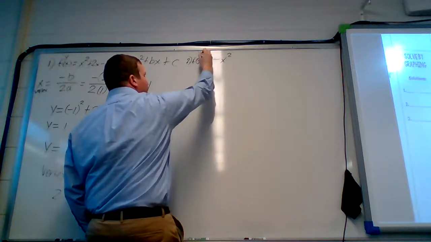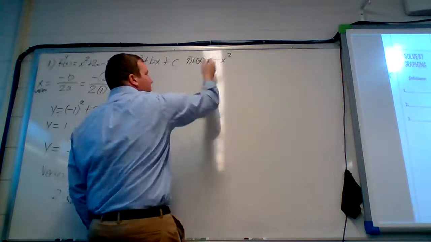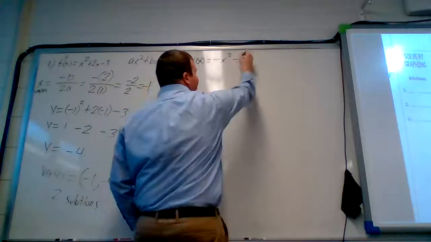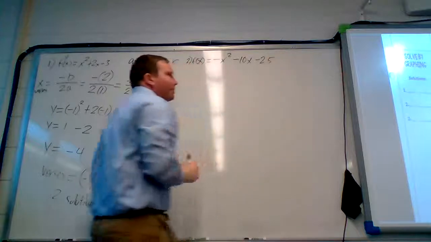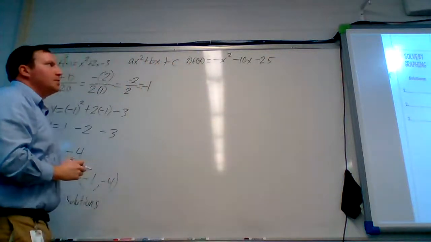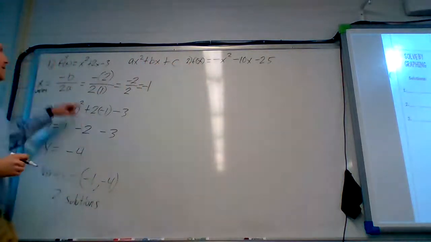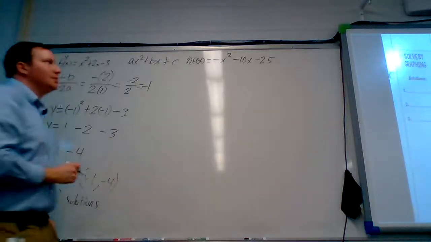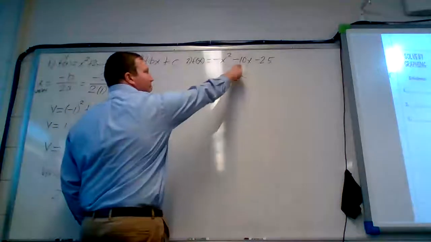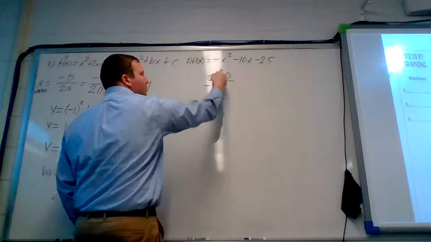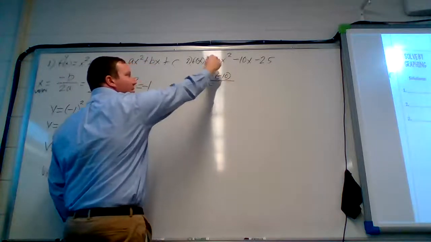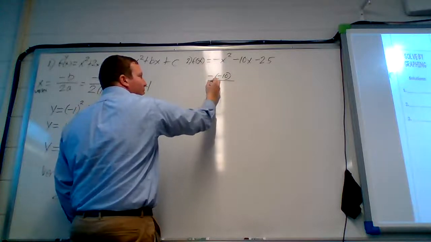Number 2, f of x equals negative x squared minus 10x minus 25. So again, first thing, we need to find our x value for our vertex. So negative b over 2a. And our a value this time is a negative 1.